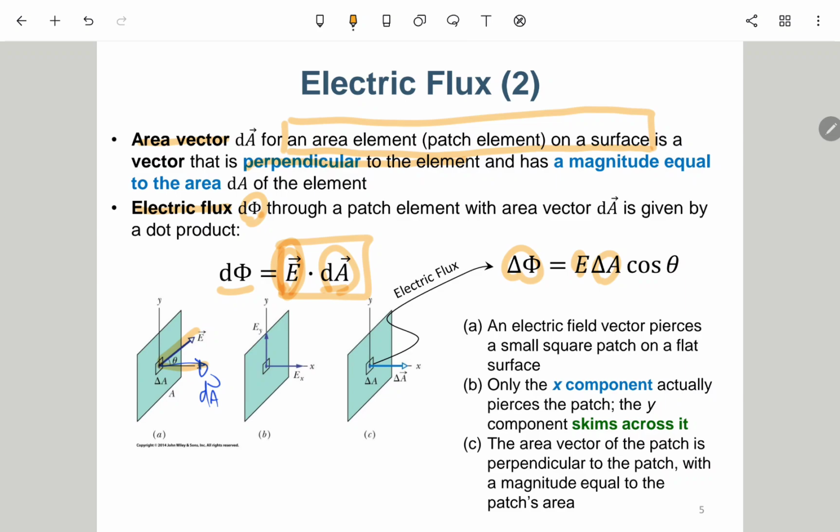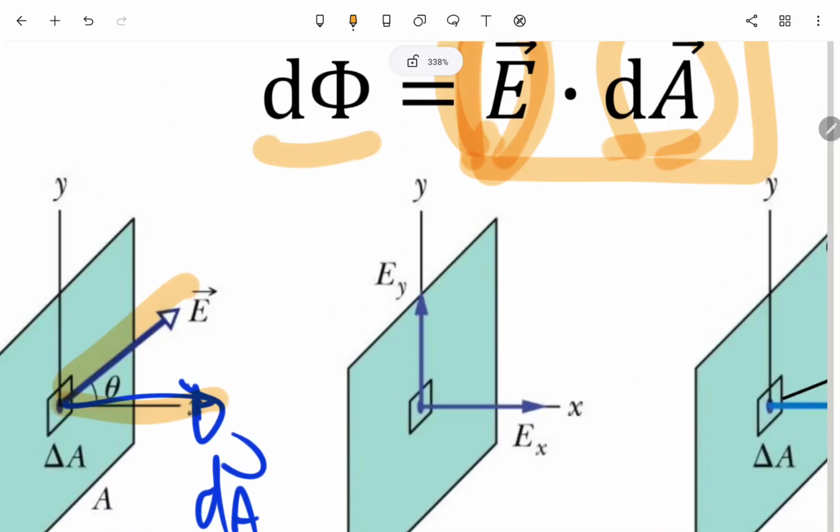Of course, you can consider dΦ to be E times dA. It doesn't really matter whether you call it dA or delta A, dΦ or delta Φ. It is the same thing. And then cosine of theta, where theta is the angle between E and dA. Here you can see this is theta.